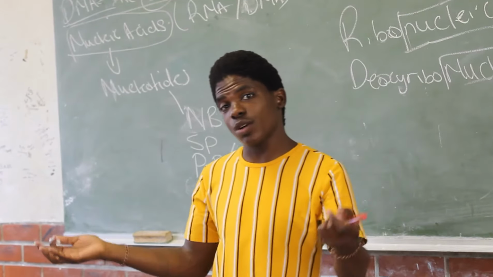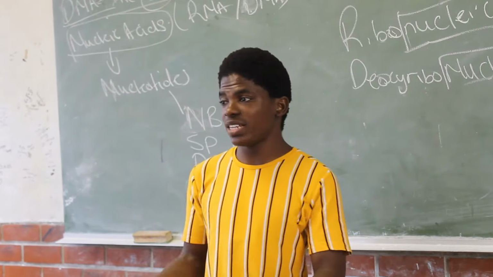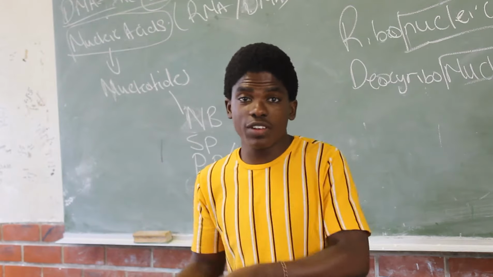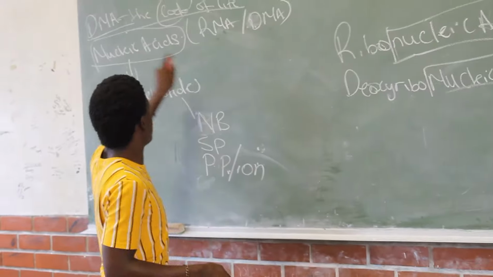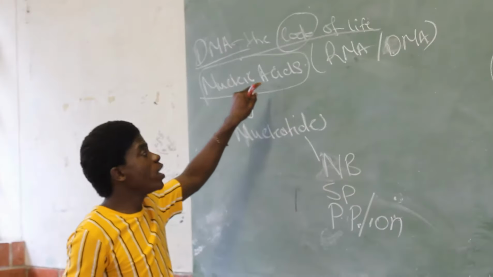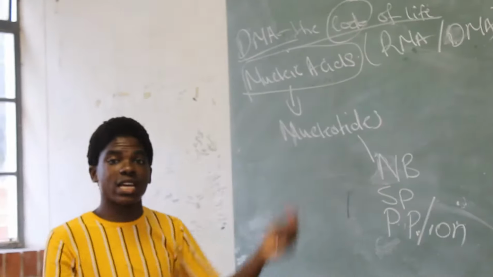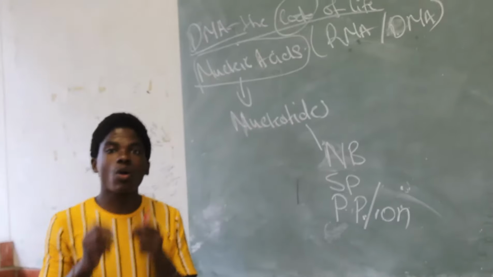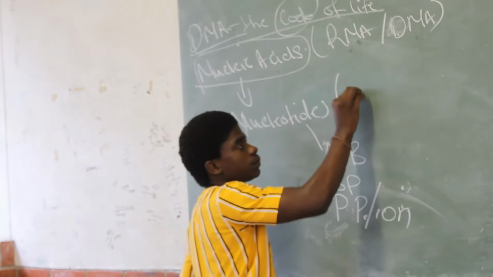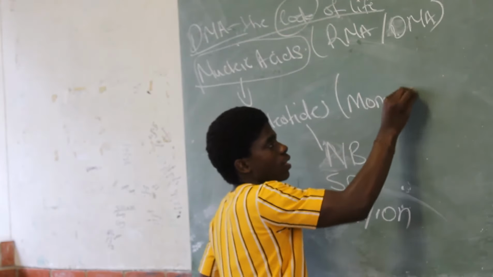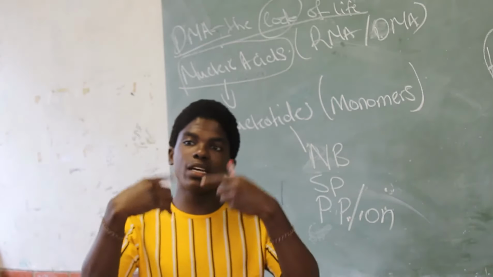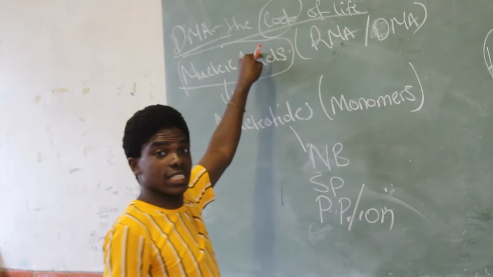When you are building a house, you need bricks, cement, and sand. So when we are talking about nucleic acids, we have things that make nucleic acids, which we call nucleotides. They are called monomers, the smallest building blocks of nucleic acids.